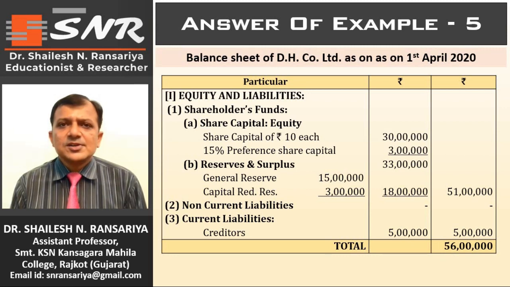Reserves and surplus, under that first general reserve 15 lakhs, capital redemption reserve 3 lakhs, total 18 lakhs. Non-current liabilities are not given, so it is dash. Current liabilities, only one liability is there, creditors 5 lakhs. So total of the balance sheet 56 lakhs.